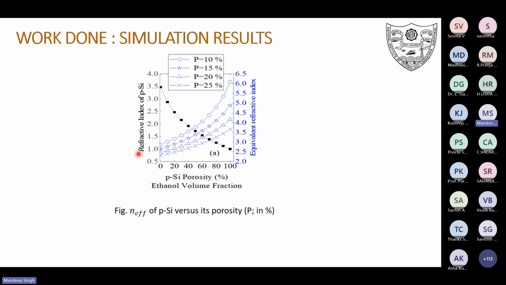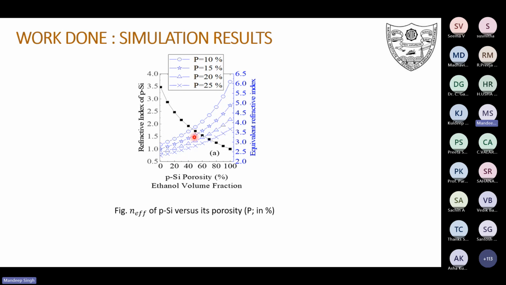You can see the refractive index of porous silicon varying with the porosity from 0 to 100. And similarly, what is the equivalent refractive index with respect to the volume fraction V? The blue line is the same variation for different porosity. So for these values, we have put them in the COMSOL simulator.